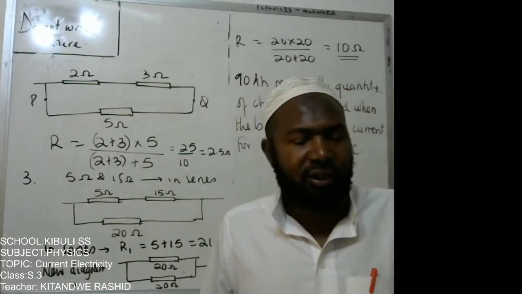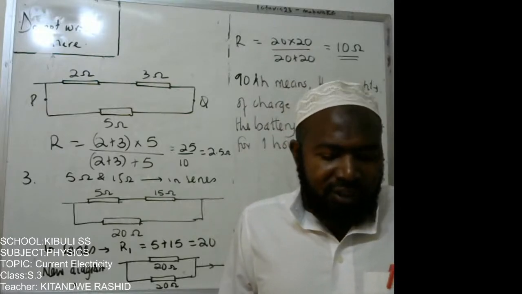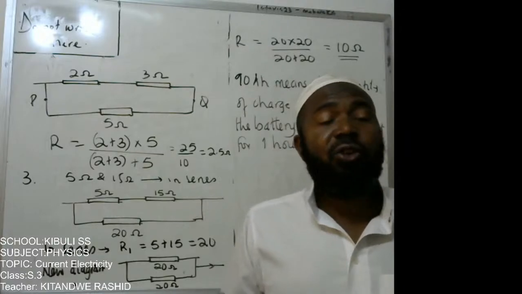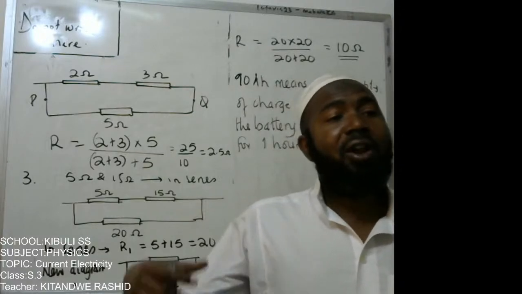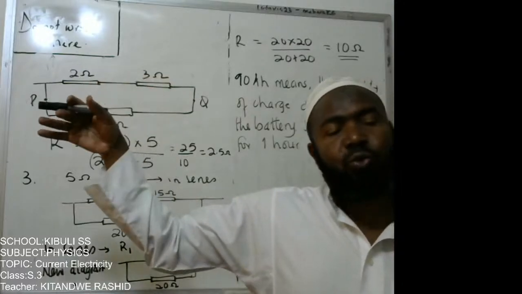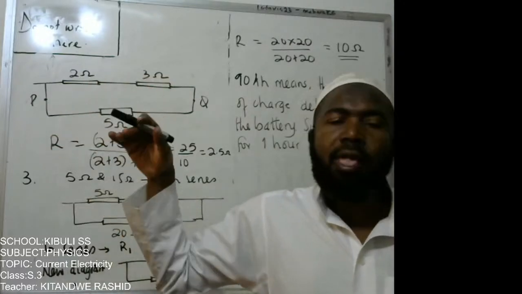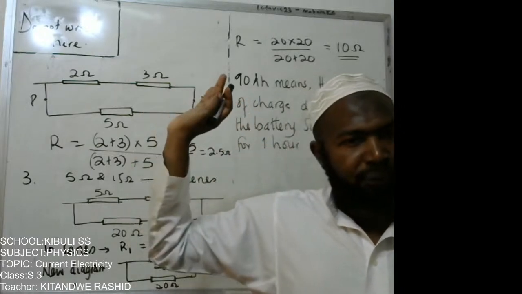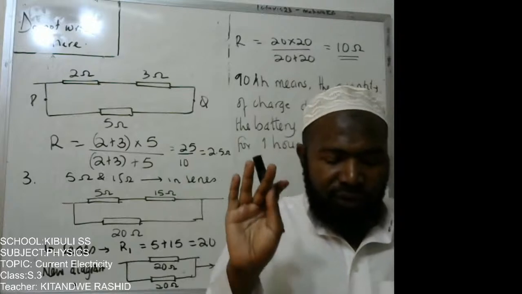Are you getting it? For 2 resistors, that is the shortcut method. But we can also use the original method of 1 over R1 plus 1 over R2. It can also work. But this method cannot work for 3 resistors and more. It is only for 2 resistors.